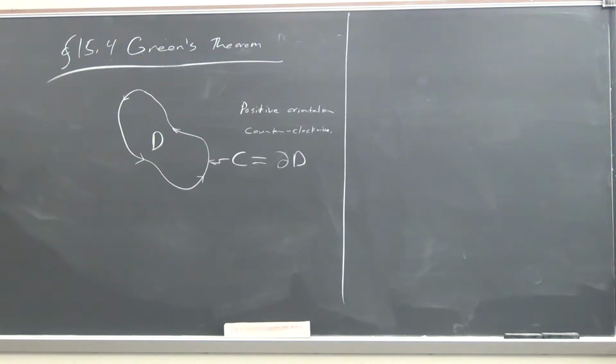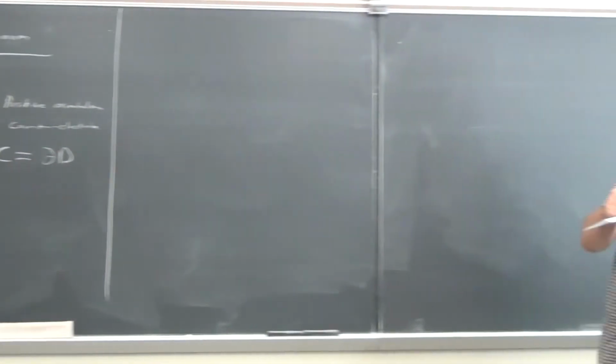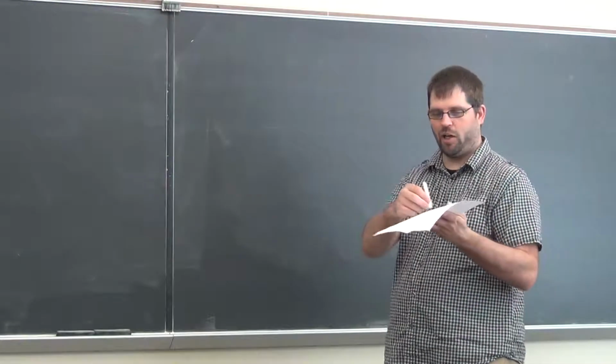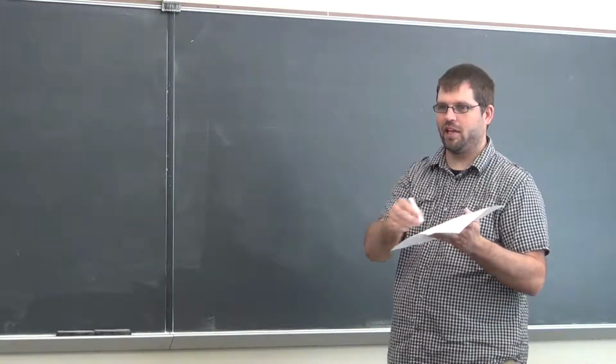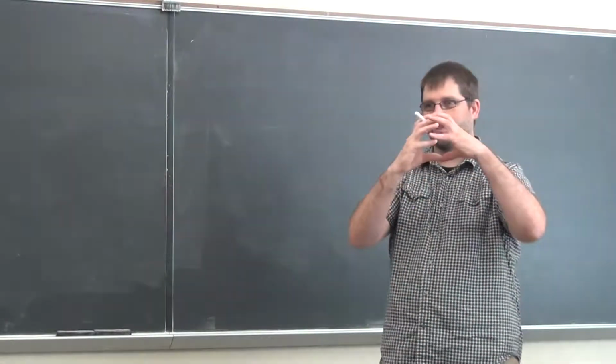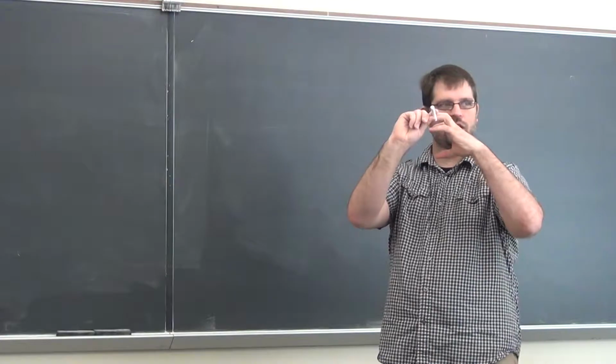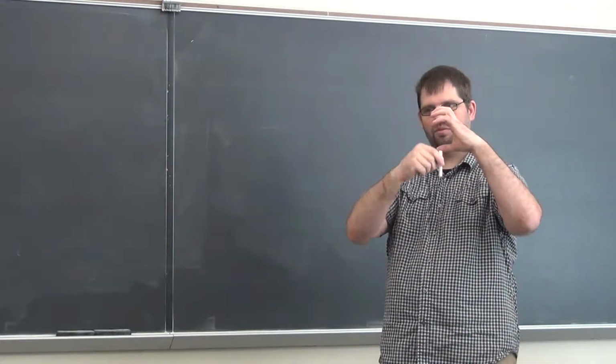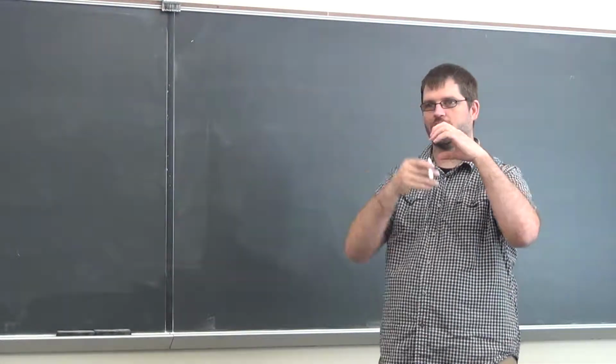When you think of a curve, we say positive orientation, you're moving in one direction. And so for a surface, we say there's an orientation if we can talk about the top and bottom. So if I got a piece of paper like this moving through, I can say this is the top, right? And then this is the bottom. And no matter how I move along the top, I stay on the top. Same thing with a sphere, right? You're on the outside of the sphere, we'll say that's the top. And you can move around, you stay on the outside of the sphere.